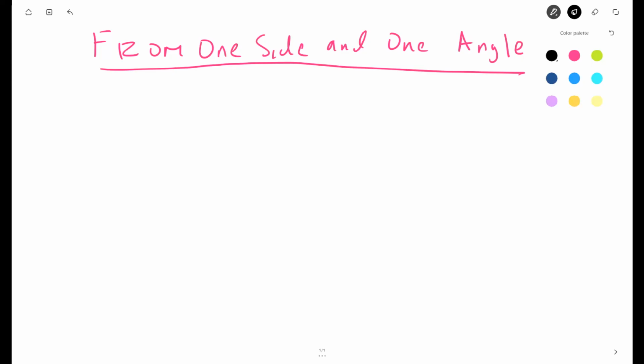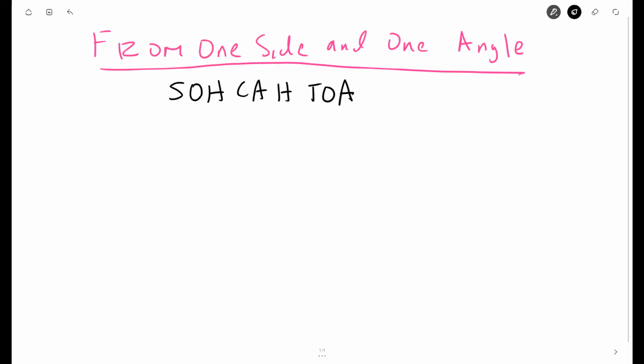Trigonometric ratios are the tools you need to unlock the other sides of a triangle when given one side and one angle. The primary trigonometric ratios, you can memorize them with the acronym SOH-CAH-TOA, where S stands for sine, C for cosine, and T for tangent.